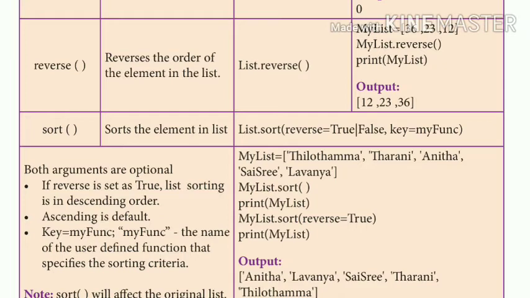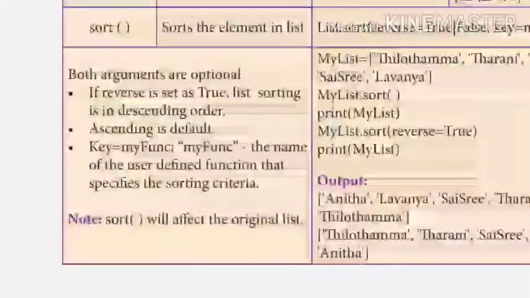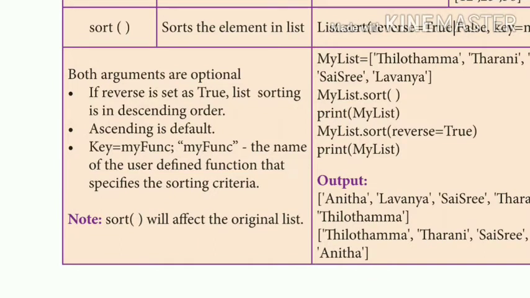Both arguments are optional. If reverse is set as true, the list is sorted in decreasing order. Ascending order is the default, but if you set reverse as true, then it will be taken as descending order.